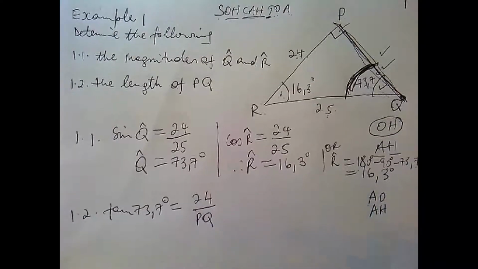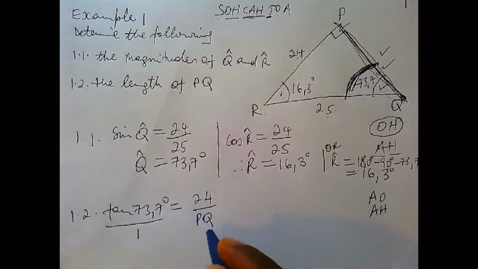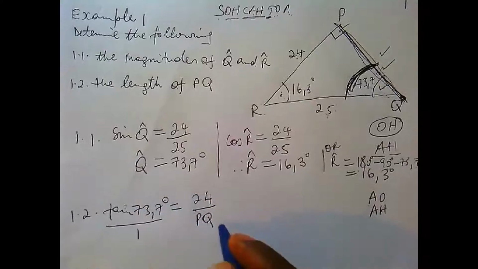And then now you know how to maneuver. In mathematics, you take this PQ, remember this thing is over 1, you can take this PQ there and that tan 73.7 there.